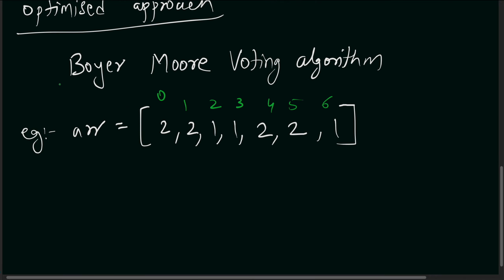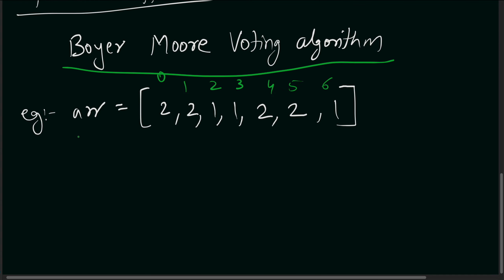Now what does the Boyer-Moore voting algorithm say? It says let's take a candidate and assign the candidate to the first element. Here the first element is 2. Then we store the count of that candidate. There is another variable called count, and we initialize that count to 1, right?